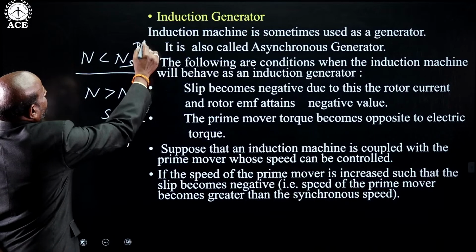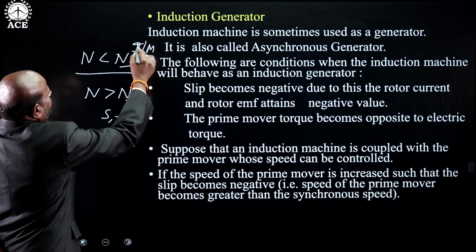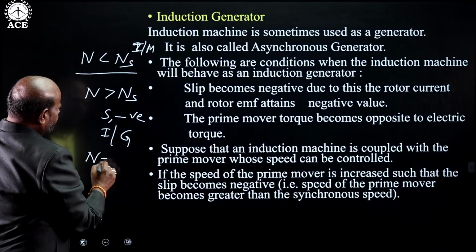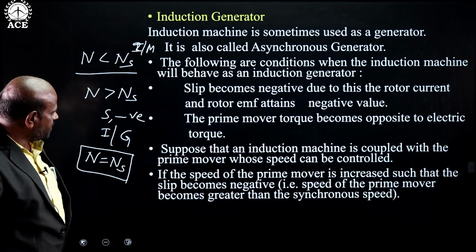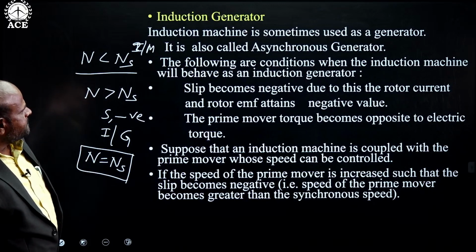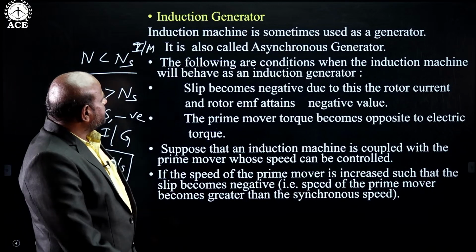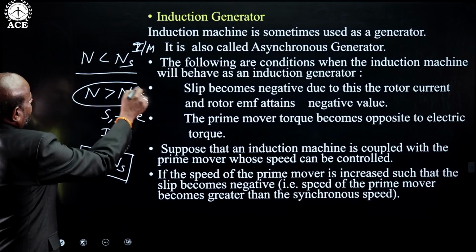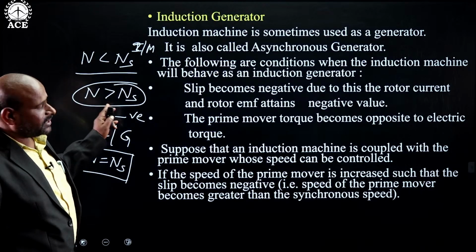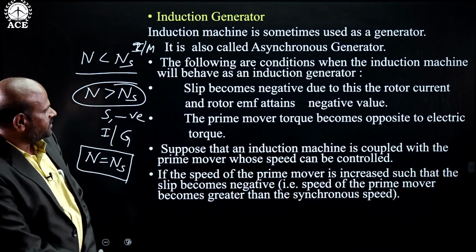Here, induction motor. If speed is equal to Ns, neither it will act as motor nor generator. So while operating as an induction generator, the condition to satisfy is that the speed of the machine must be greater than the synchronous speed.